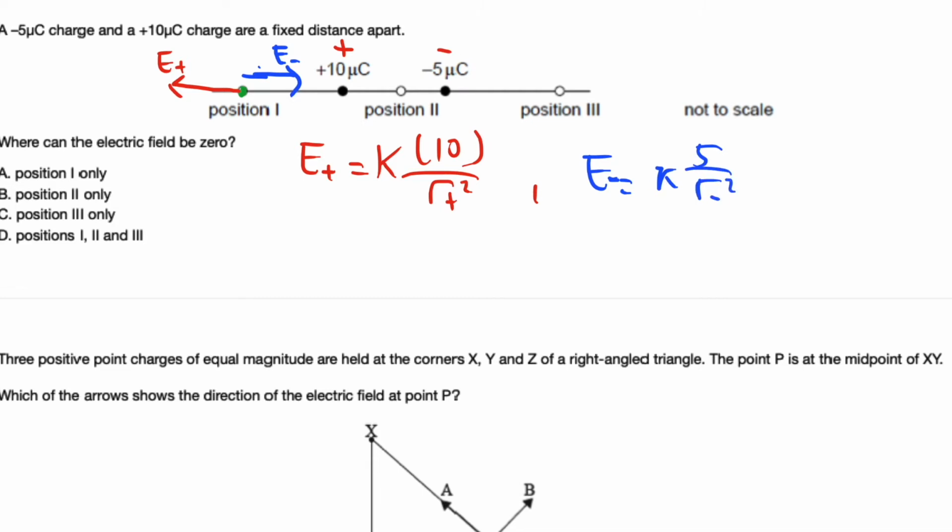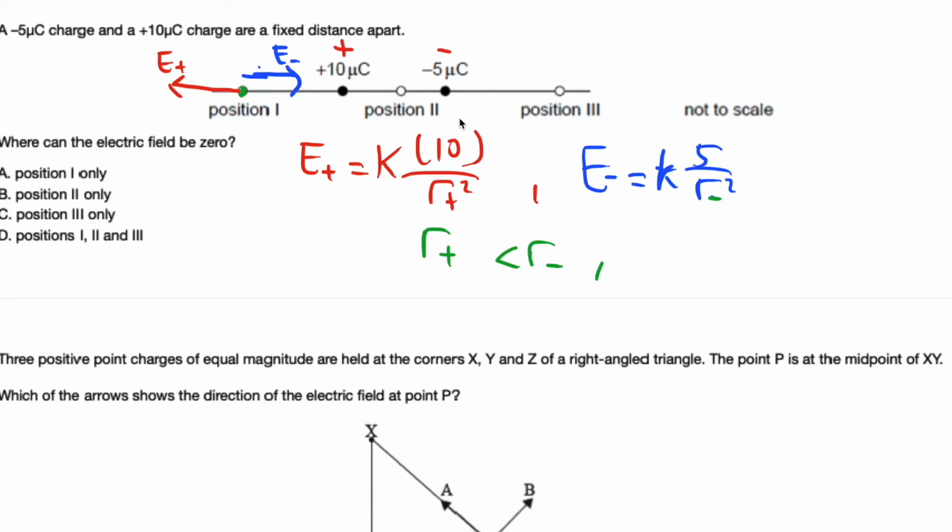So I'm just taking the magnitude of the electric field for the problem now. And for here, it should be microcoulomb, but I don't really care about the unit here since all the charges are in microcoulomb. So here we know R plus is less than R minus, right?